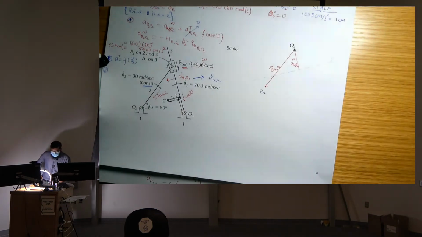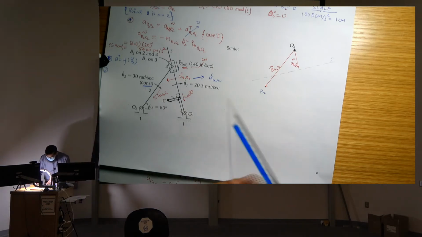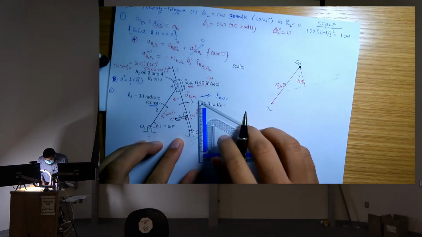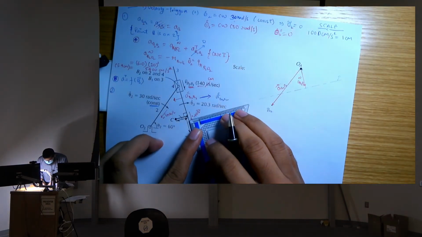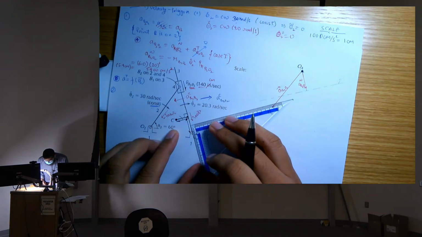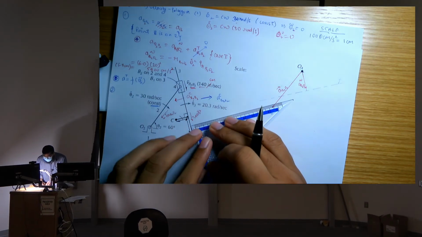So we were putting up our Coriolis acceleration component. So we know the direction. Velocity polygons are very easy to make because those are direct.